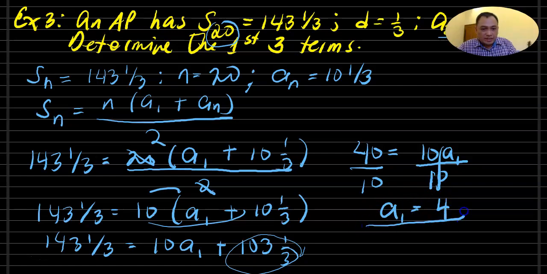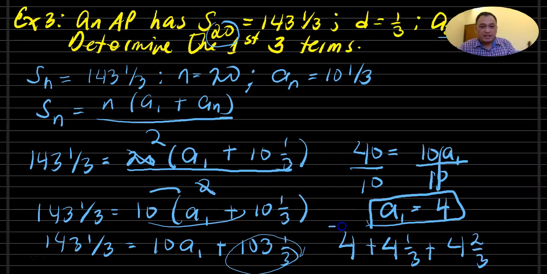Okay, so the first 3 terms with the difference of 1/3 are what? It's going to be 4, plus 1/3 is 4 and 1/3, plus 1/3 is 4 and 2/3. Okay, so this is your answer.